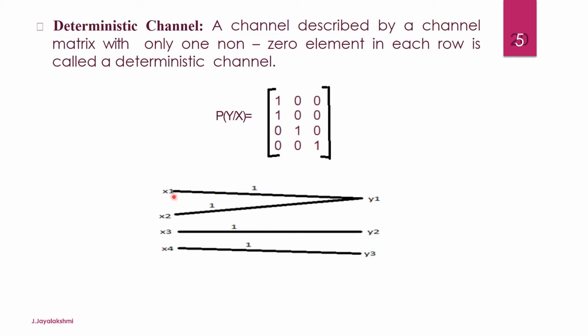So x1 transmitted, y1 received, the probability is 1. x2 transmitted, y1 received, the probability is 1. You can observe that in a deterministic channel each and every row has a non-zero element, but in a lossless channel each and every column has a non-zero element.